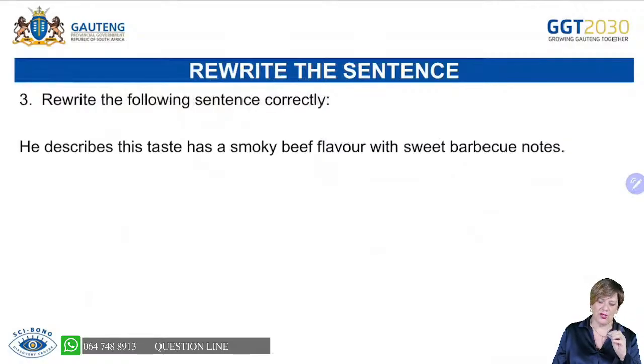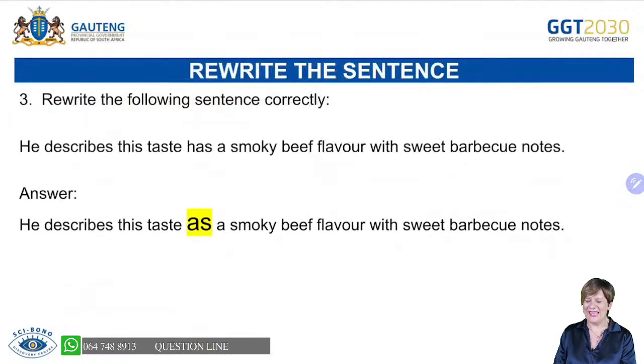And the moment you read it, you'll notice that there's a word that's not right. The word "is" should change to "has". He described his taste as a smoky beef flavor. So if you do find something like this, where it's not quite clear what you need to do, try to pronounce it in your mind and see what doesn't work.